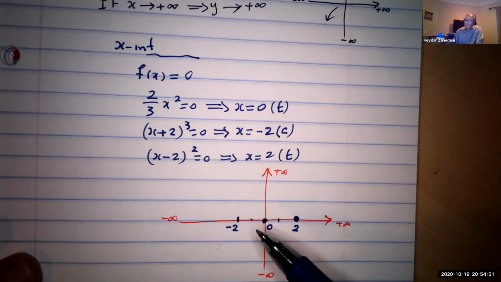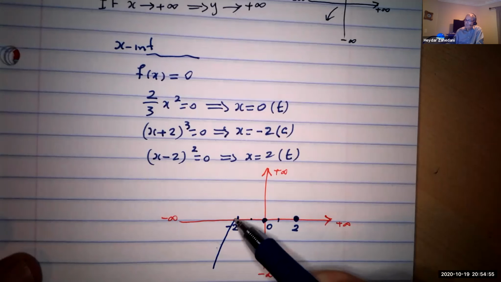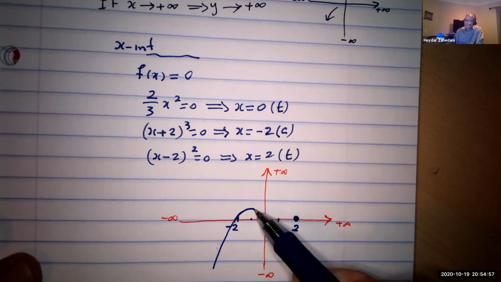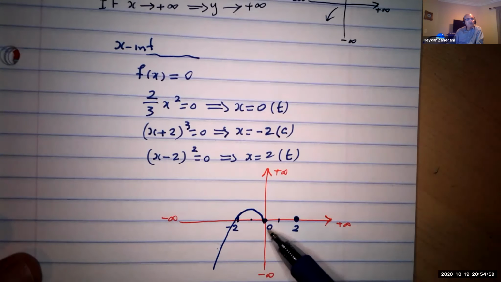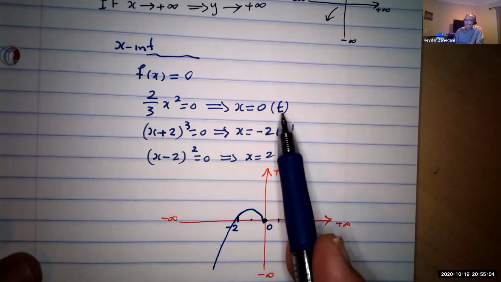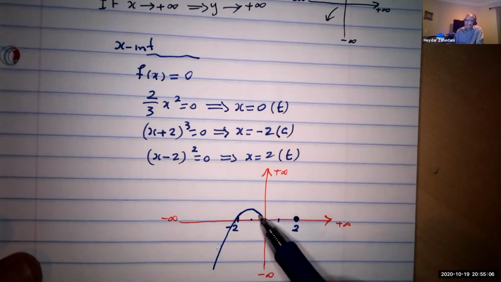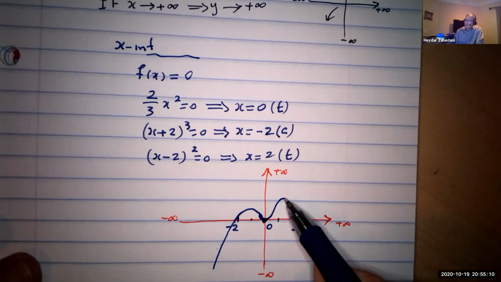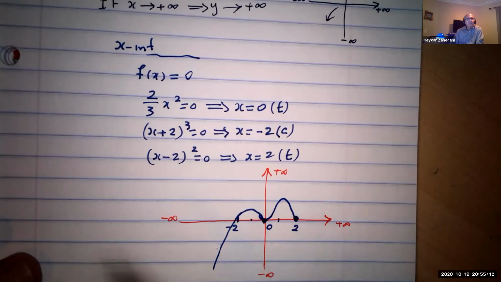So you cross this one, you turn nicely, you go to the 0. At the 0, you touch and bounce back. Then you turn, you go to the 2.